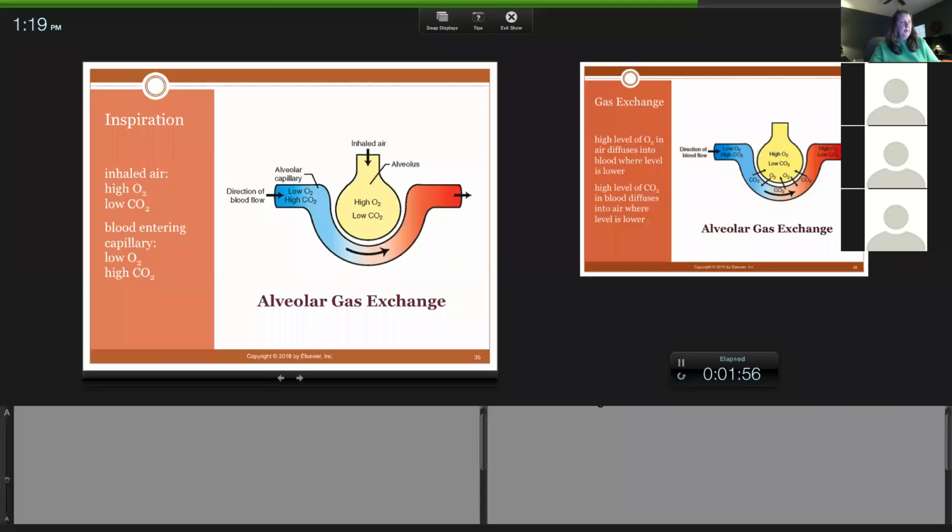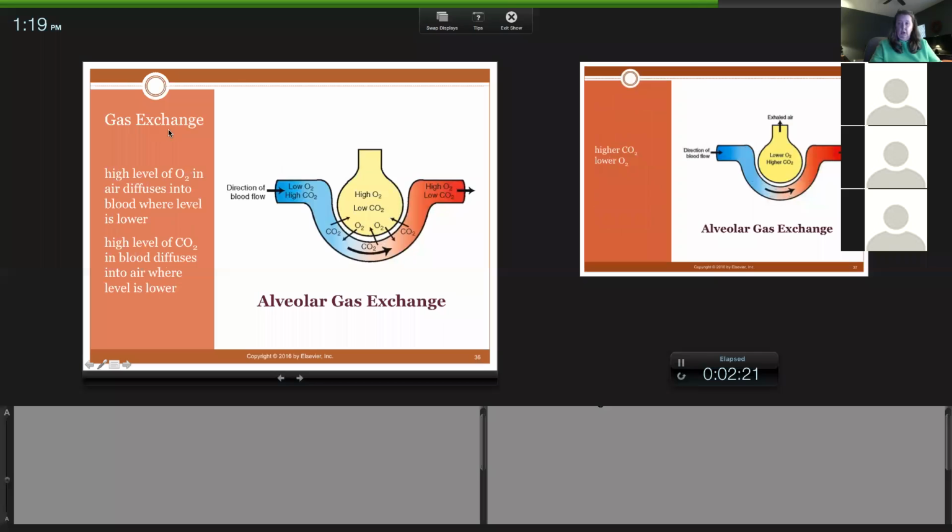So when it comes to the alveolus, it is high in carbon dioxide, but it is low in oxygen, right? Now, as the capillary passes by, do you see how it goes from blue to red?